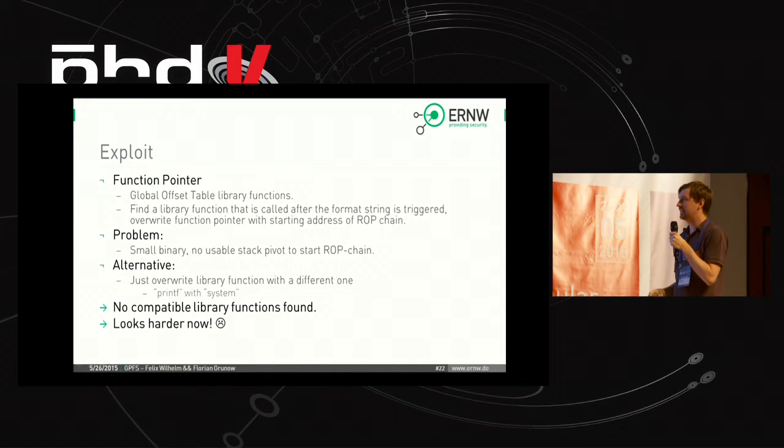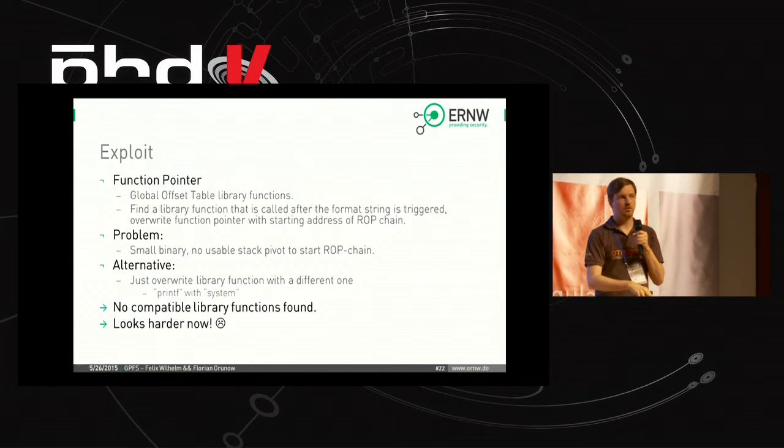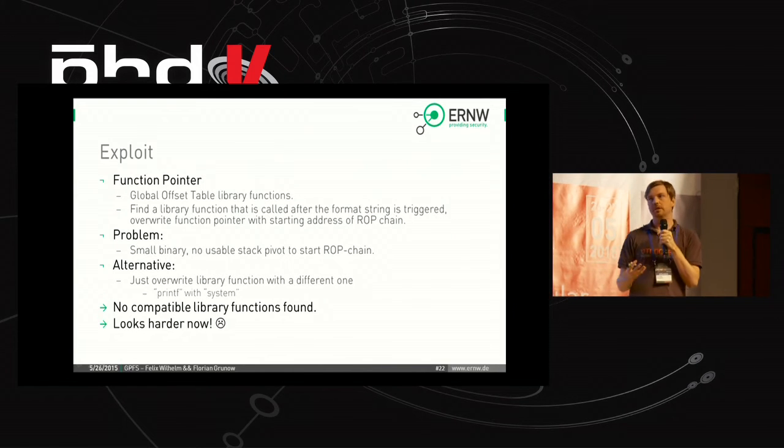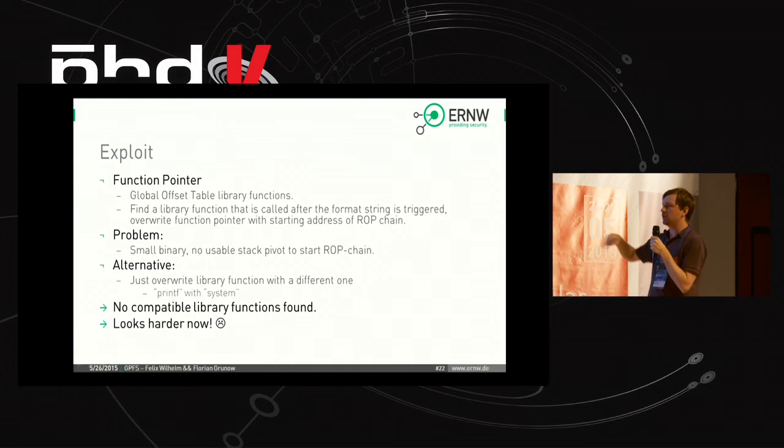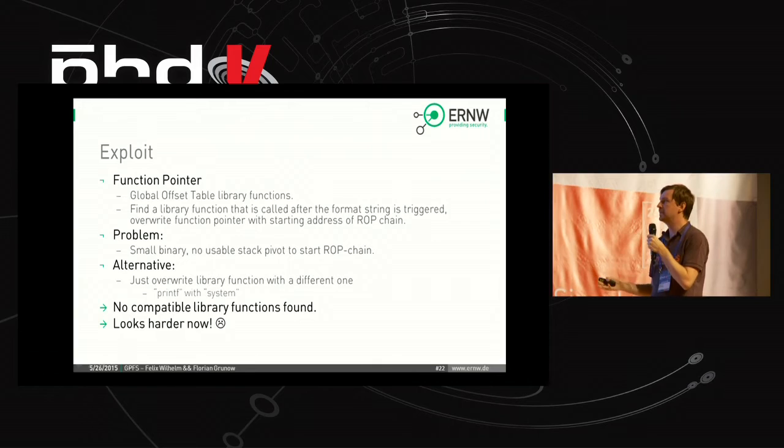The problem here is that we could not find any compatible library function. So from the perspective right now, this looks quite hard, because you can't just start off your ROP chain, and you cannot override function pointers to point to interesting functions like system, and we were basically nearly at the end.